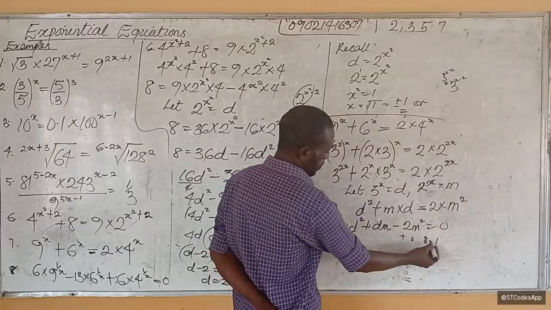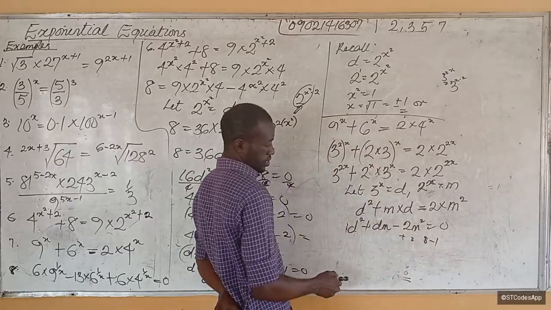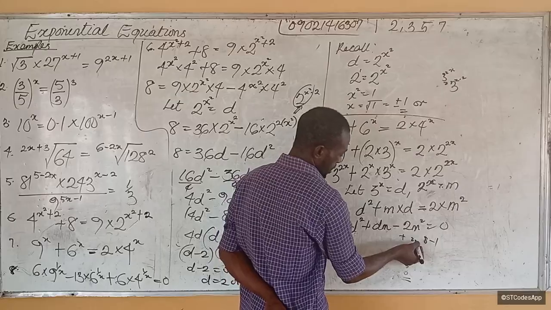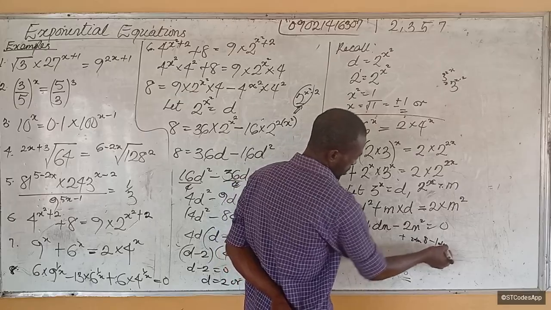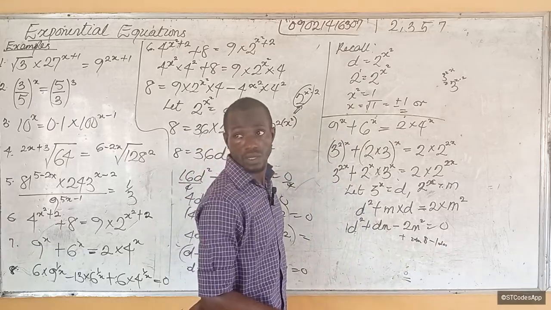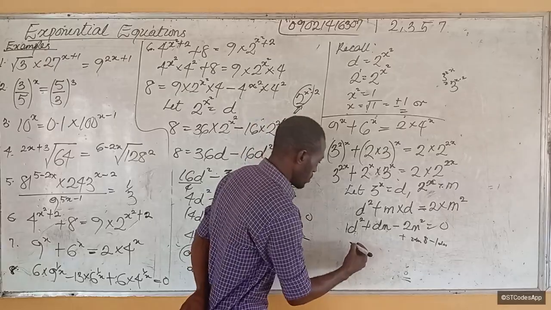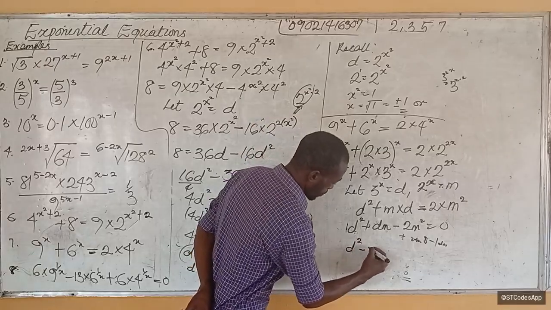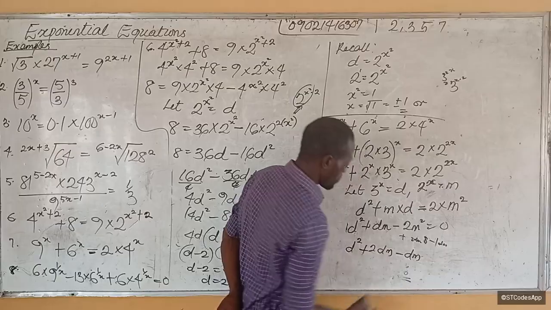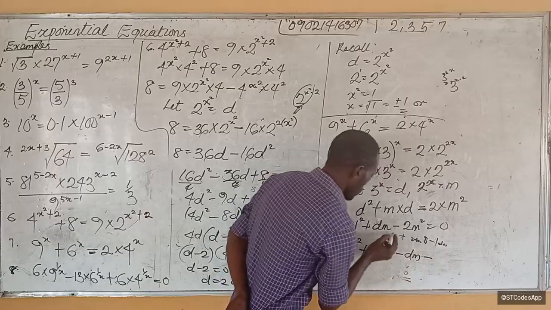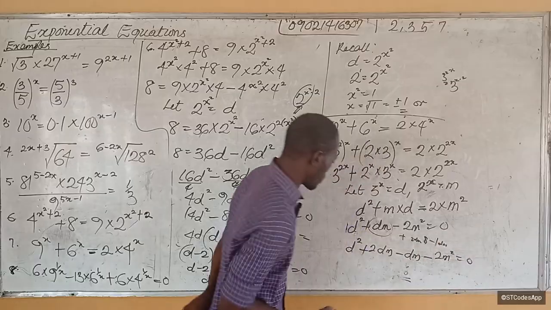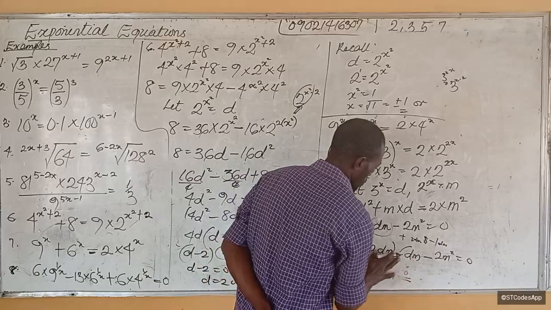So it will be plus and minus, that will give us plus this. I'll try to multiply them to give you this. So we have to put dm here, right? Dm. And then we'll put dm, it becomes d squared plus 2dm minus dm minus 2m squared is equal to 0. Let's now factorize.